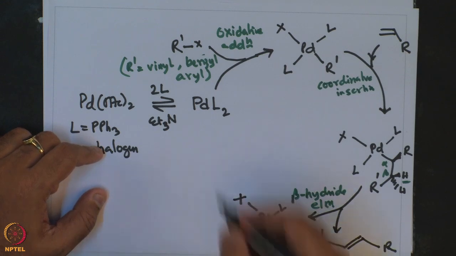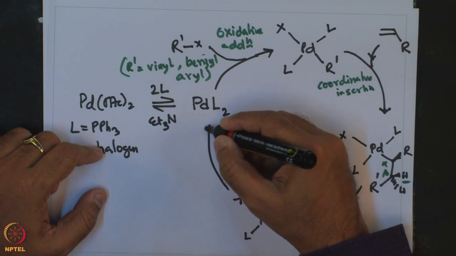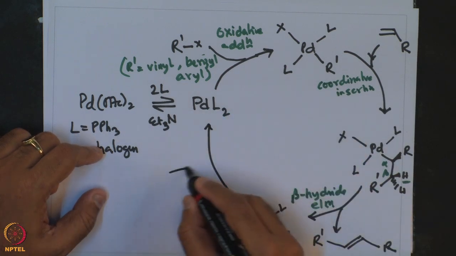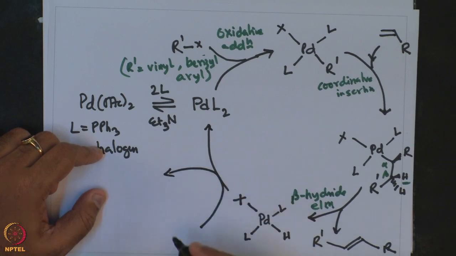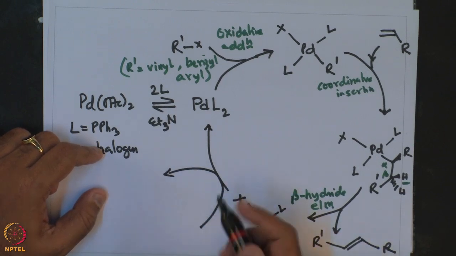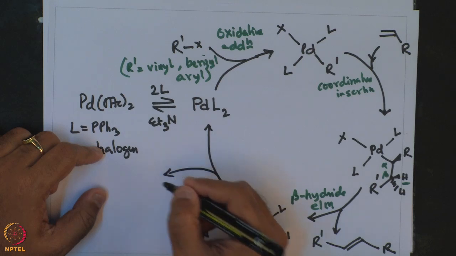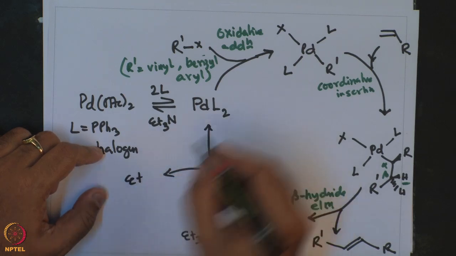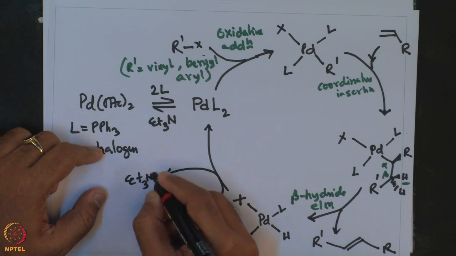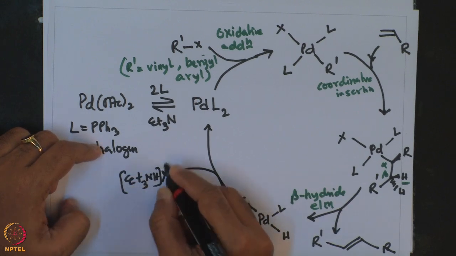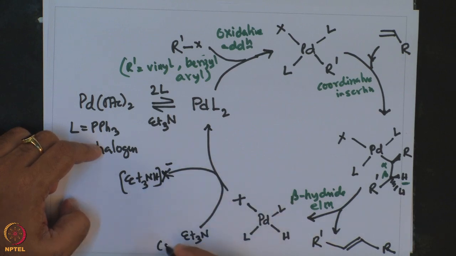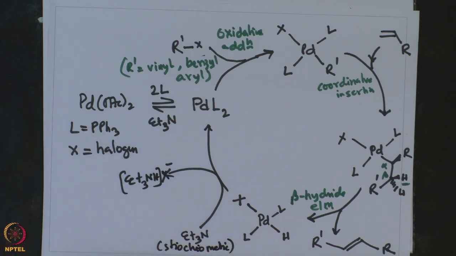Now, the palladium hydride in presence of base picks up this proton and halide to give back the palladium 0 species, and this is a stoichiometric reaction.